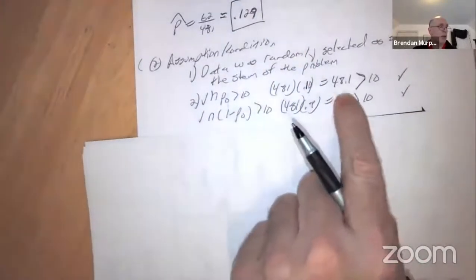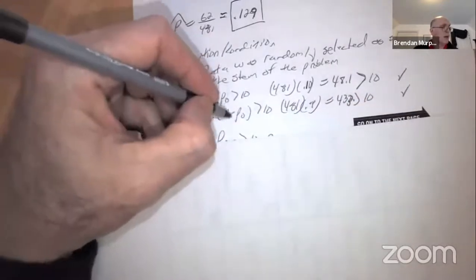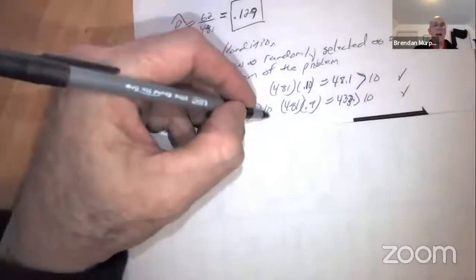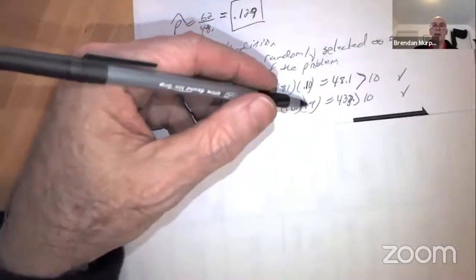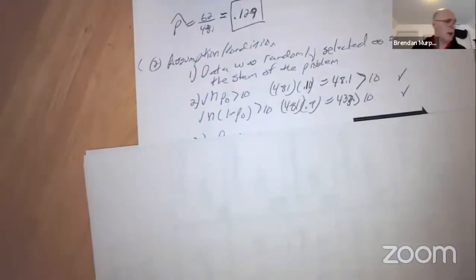That was 48.1. Well, that was greater than 10, so that's good. N times 1 minus P sub naught is greater than 10. So 481 times 0.9 is, I think I rounded there, to 433. That was greater than 10. Well, clearly, both of those are greater than 10. So I'm happy with my sample size based upon my null hypothesis.